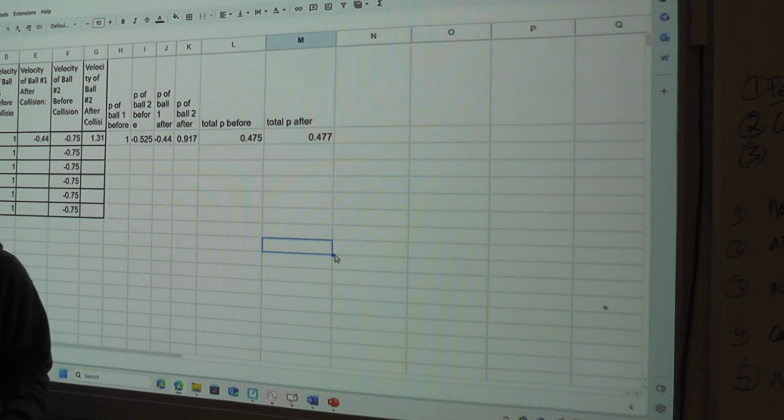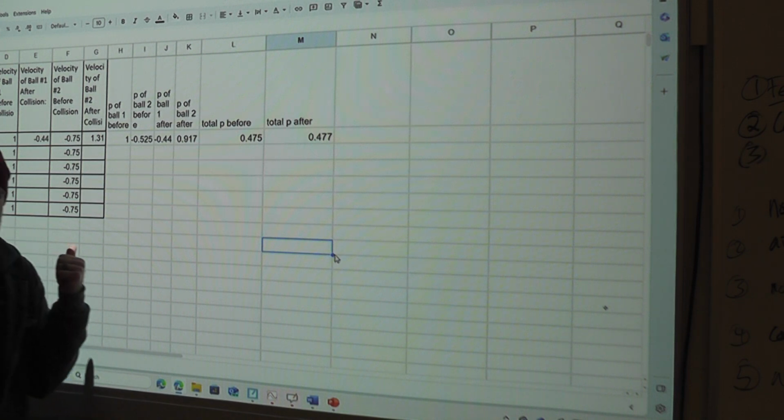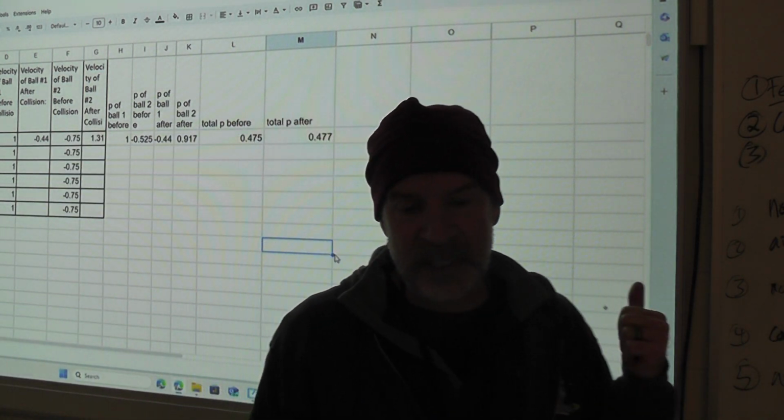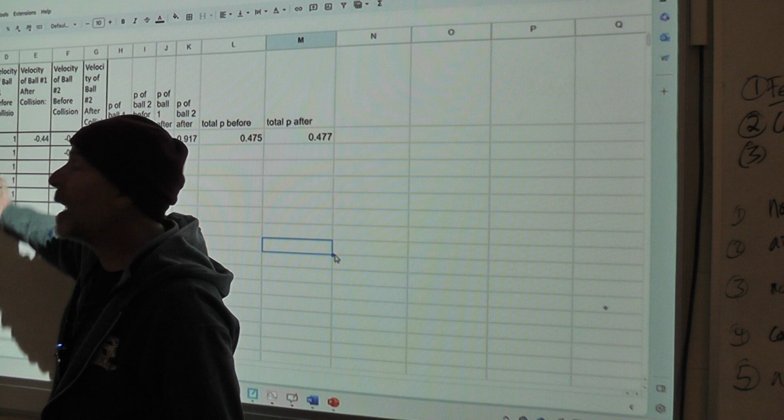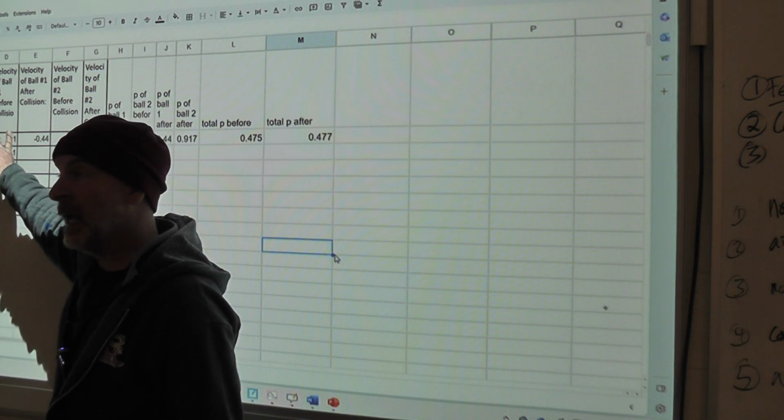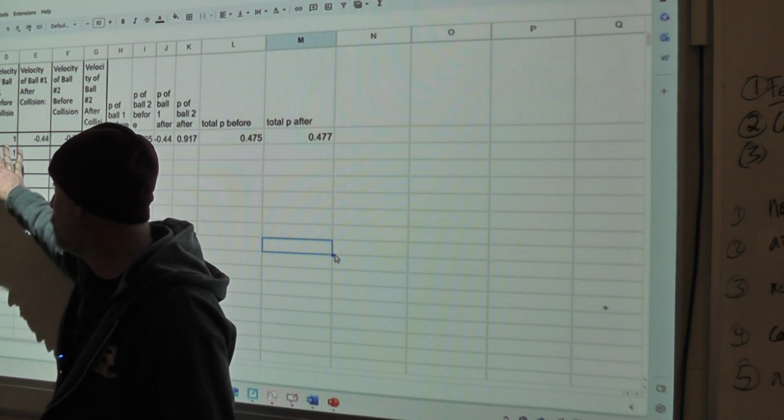Okay? So your job for today, for the rest of the period, is to work on and think about the virtual collisions lab analysis. For those of you who didn't get the data, I'm going to finish this right now. If you got data yesterday, you can use yours.